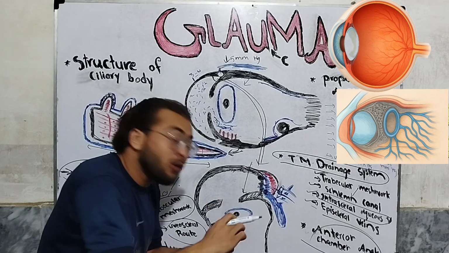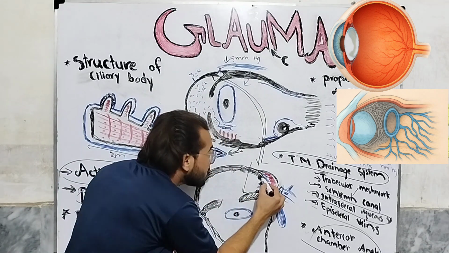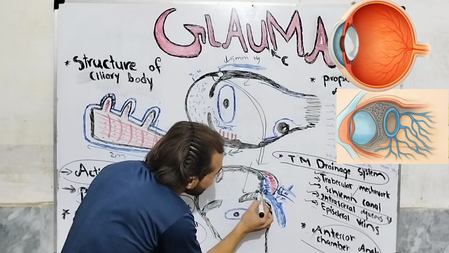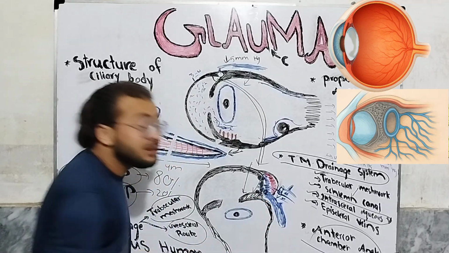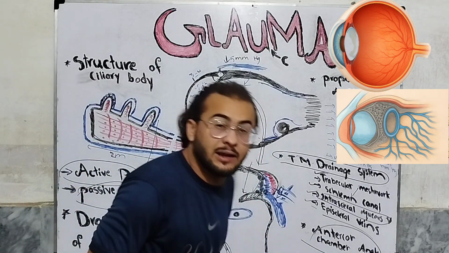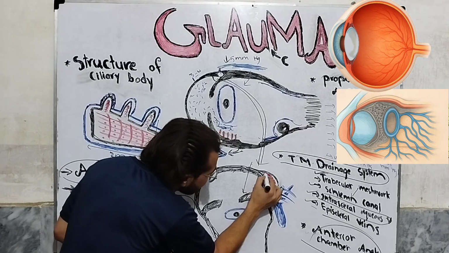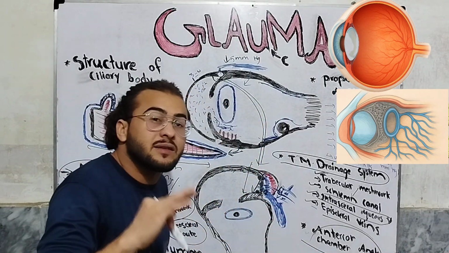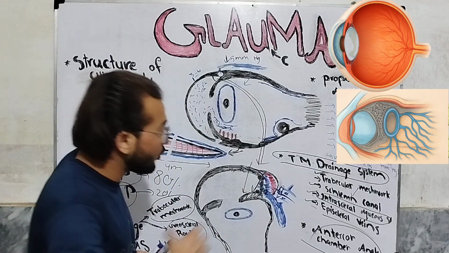The fourth structure is the interior part of the ciliary body. So Schwalbe's line, trabecular meshwork itself, scleral spur, and then the interior part of the ciliary body. This is called interior chamber angle, and we will discuss its importance in glaucoma. So remember this.